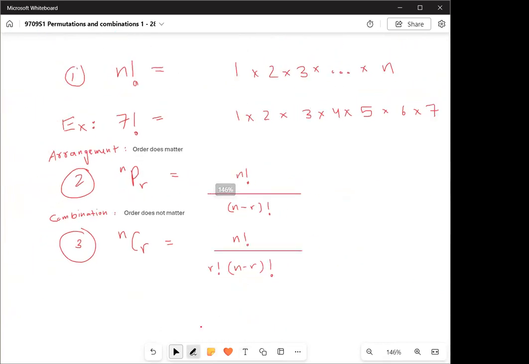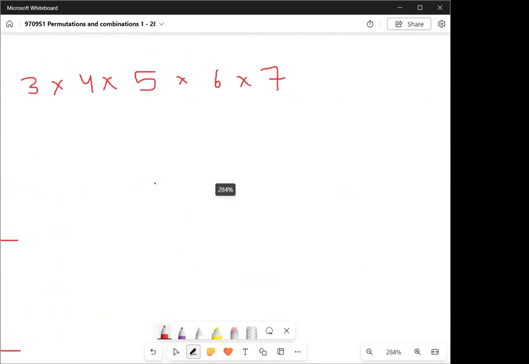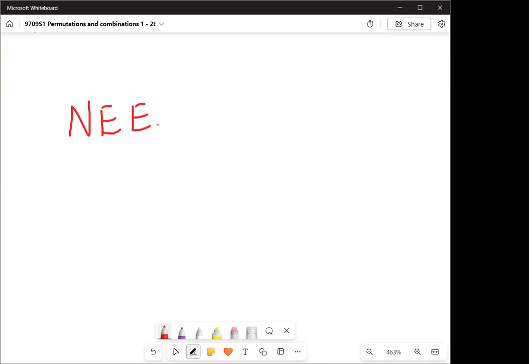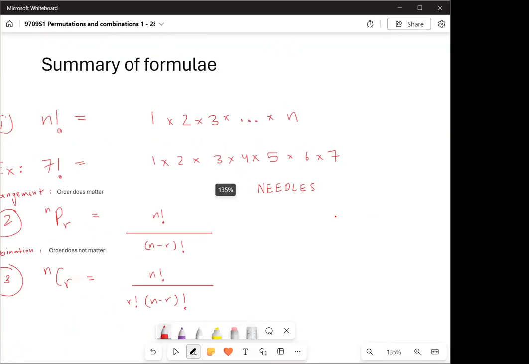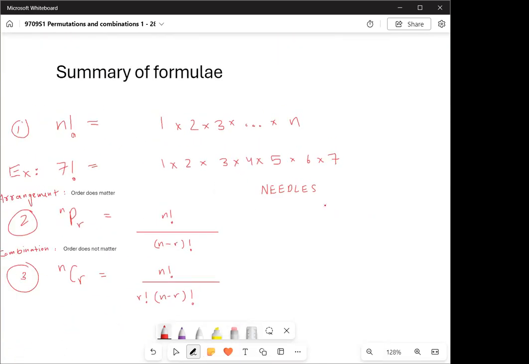Now, order does matter, and order does not matter. What is the difference between these? Now, imagine I have, let's say, needles.